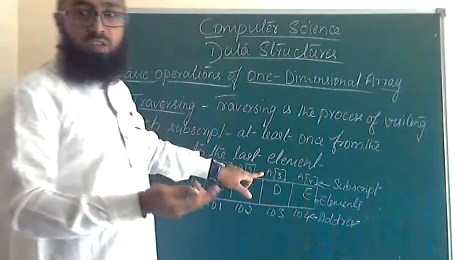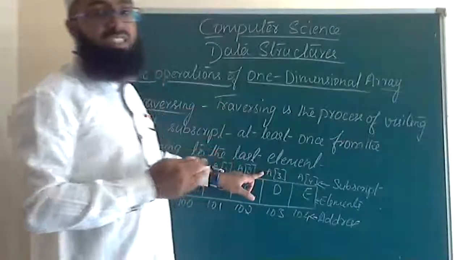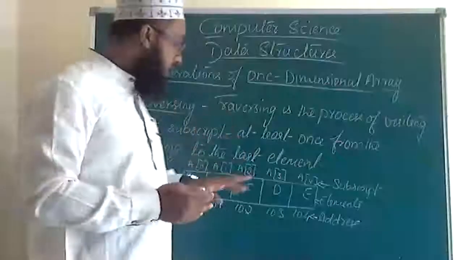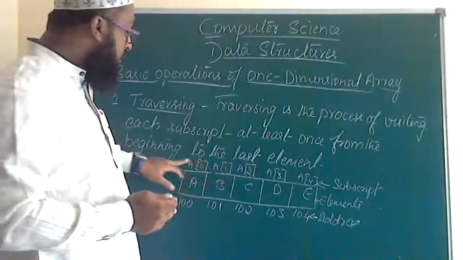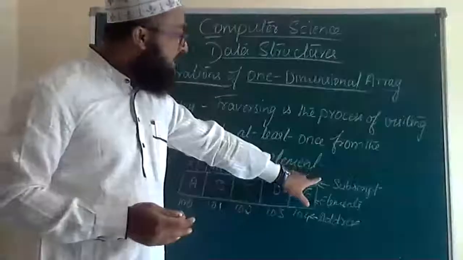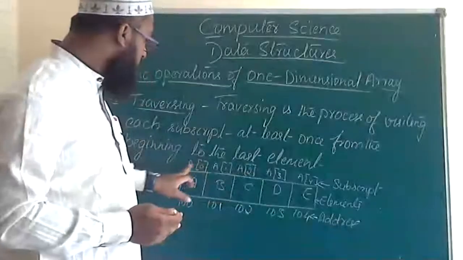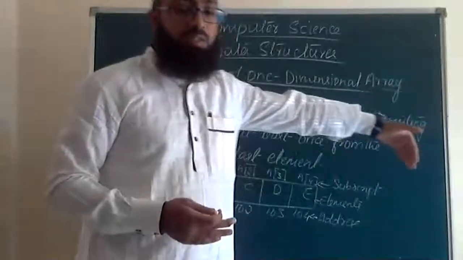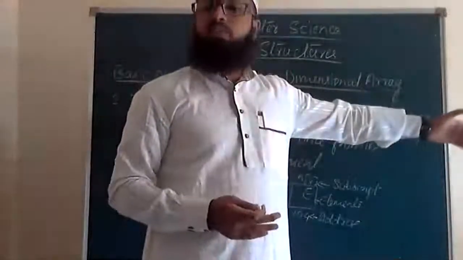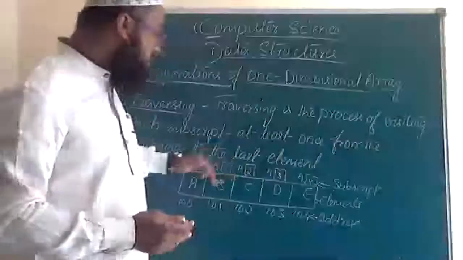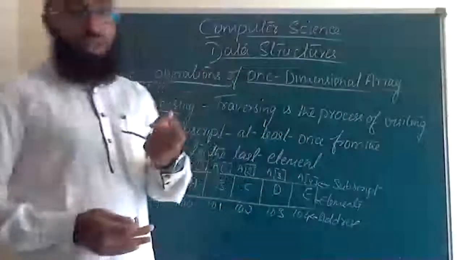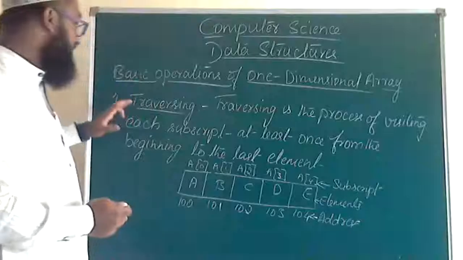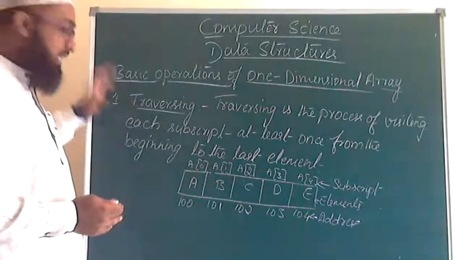It may be more than once also, but in traversing the condition is that we need to visit every subscript at least one time, without leaving any subscript or element from the start to the last element of an array: A of 0, A of 1, A of 2, A of 3, A of 4, and n number of elements and subscripts may be there. That is called traversing in a one-dimensional array. This is the first operation, which is called traversing.